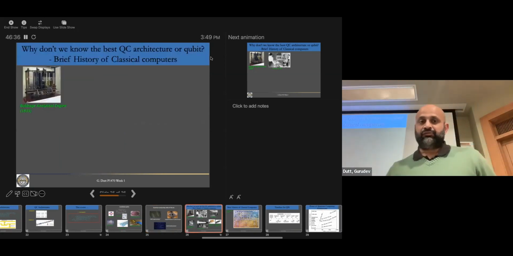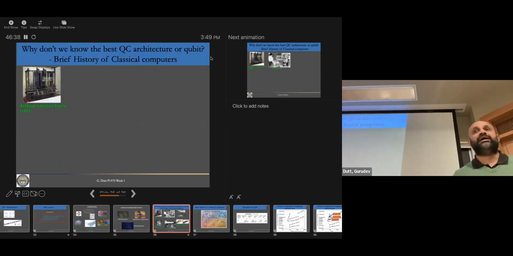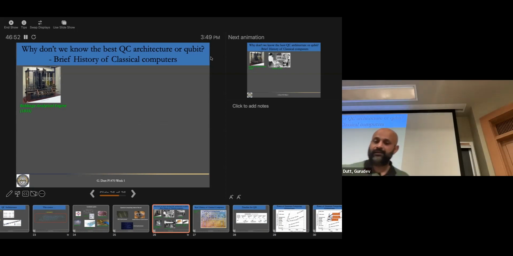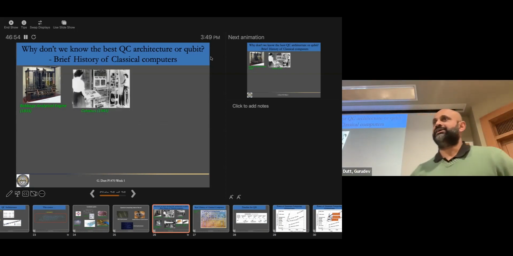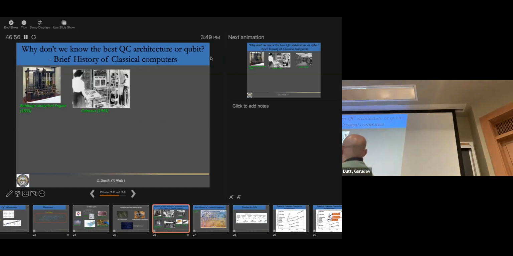Well, for those of you who know a little bit of the history of classical computers, this is not so surprising. From the beginning, when the first classical computer idea was created by Babbage in 1833, it took almost 100 years till we got to something like a more modern version. This is the Colossus, the first vacuum tube based machine. It wasn't a general purpose computer.